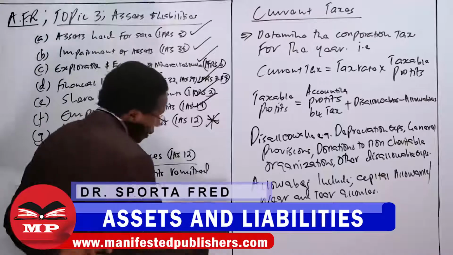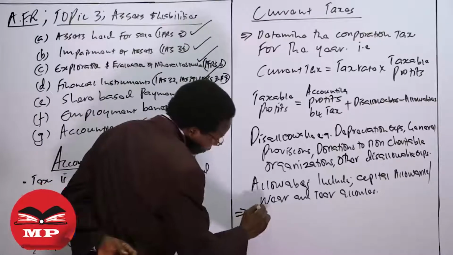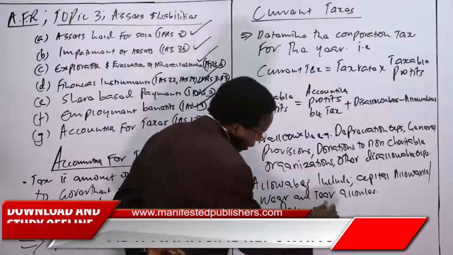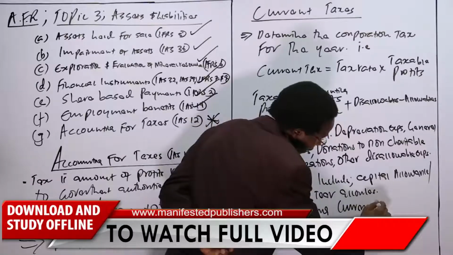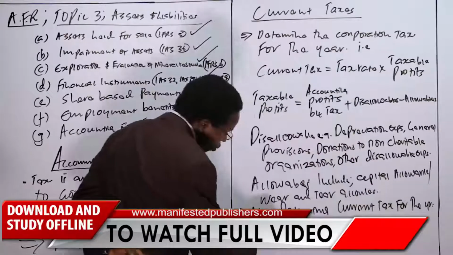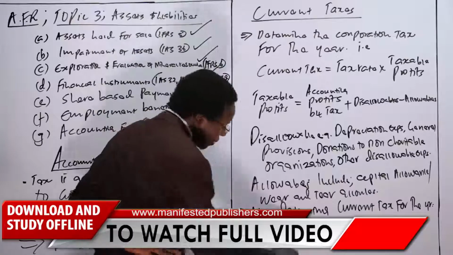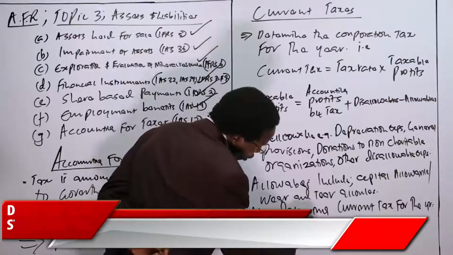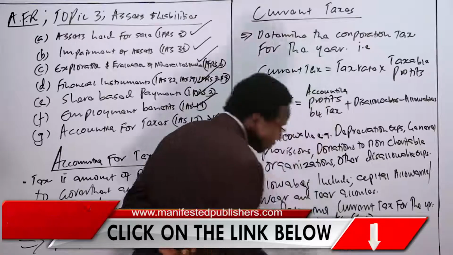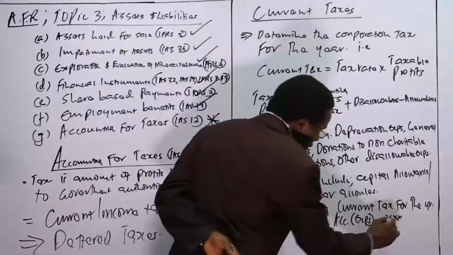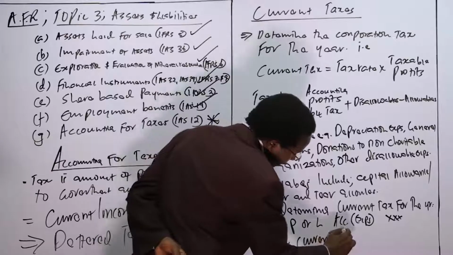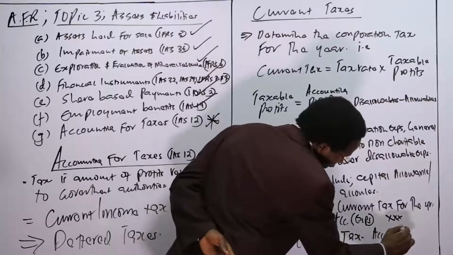After determining the current tax for the year, you debit the profit or loss account as an expense, then you credit the current tax account.